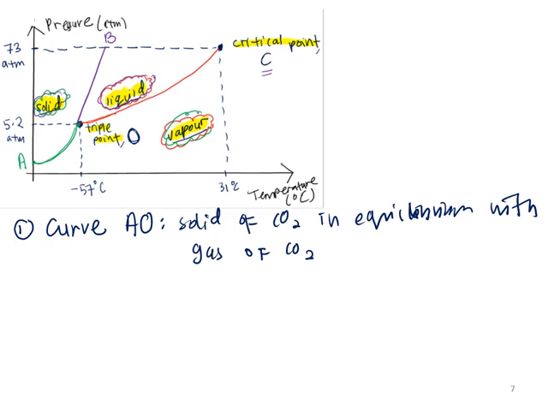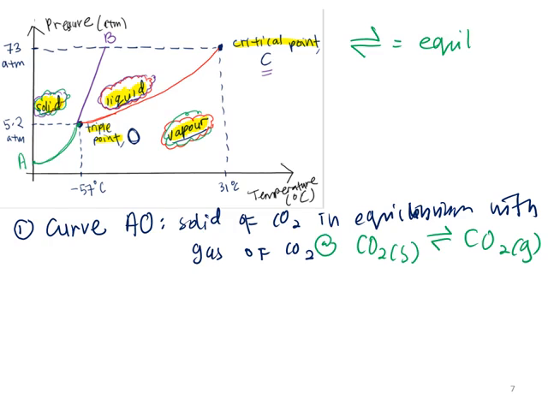Iaitu yang garisan warna hijau tu. Yang curve warna hijau tu adalah curve AO, which is the solid and vapor of CO2 exist in equilibrium. Ataupun pelajar boleh gunakan simbol, iaitu CO2 solid in equilibrium with the CO2 gas. Ingat reversible arrow represent equilibrium system.